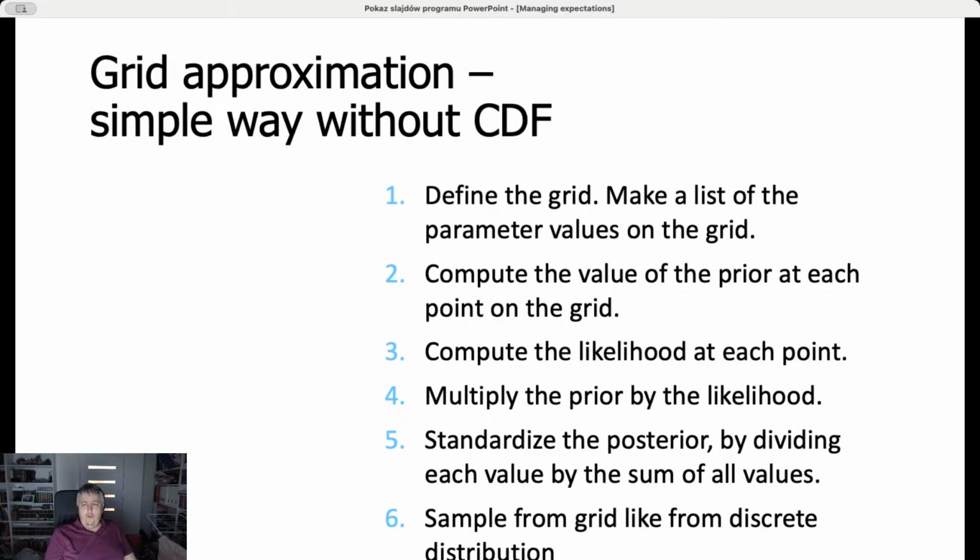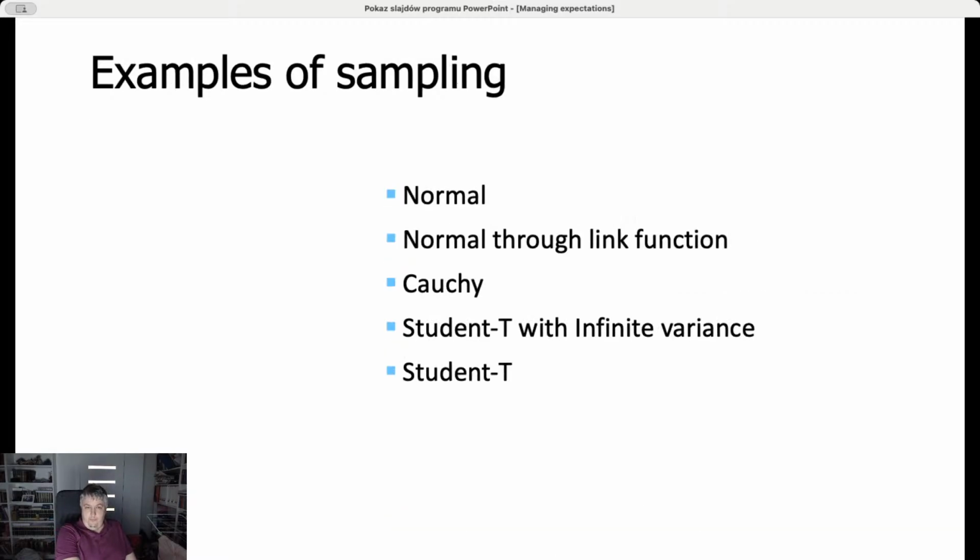In the case of Bayesian computation, we compute the value of the prior at each point of the grid, we compute the likelihood at each point of the grid, we multiply the prior and likelihood, and we standardize the posterior by dividing each value by the sum of all values. Then we can sample from the grid like from a discrete distribution, which is very simple, because this is a probability mass function with only a finite number of values, and sampling from a finite number of values is trivial.